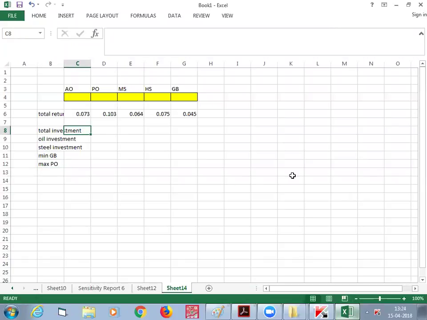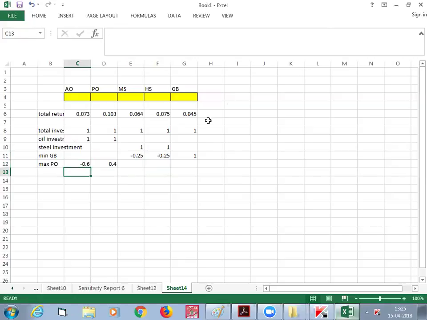All right. So total investment is 1 1 1 1 1. And then oil and steel, and then here government bonds, we'll put a 1 here, and minus 0.25 here, minus 0.25 here, and for Pacific Oil, 1 minus 0.6 is 0.4 here, and here I have minus 0.6.